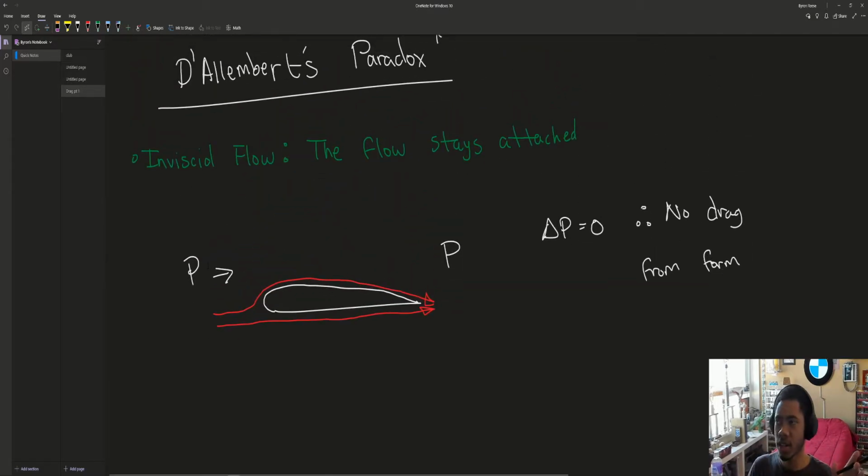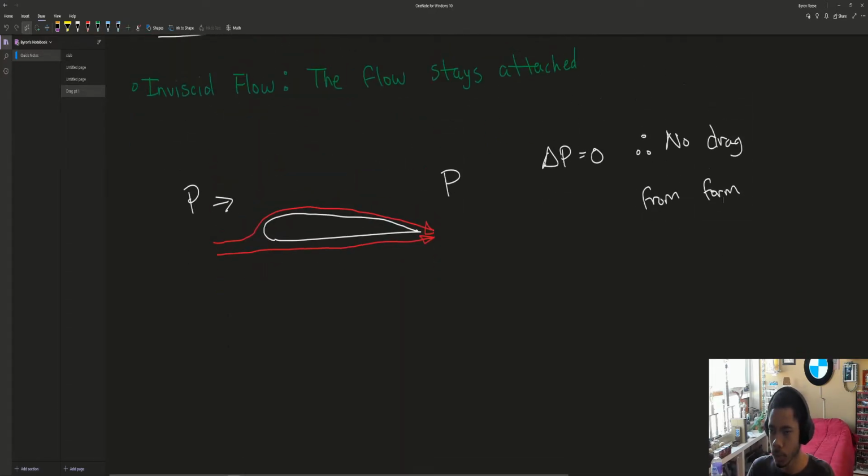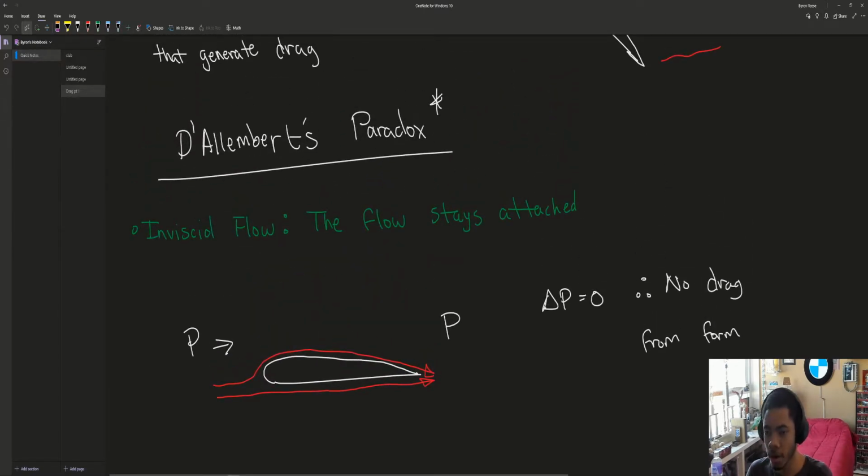Now, when we get to things like supersonic, we add wave drag. D'Alembert's paradox, even in inviscid flow, doesn't hold true there, so things are still satisfied. But in inviscid subsonic flows, you cannot have form drag if you do not account for viscosity. And this is called D'Alembert's paradox.